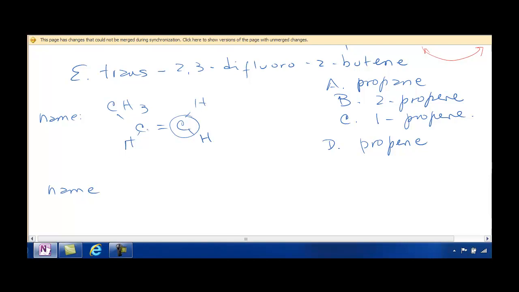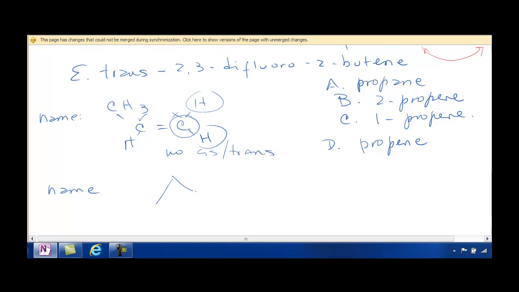I said that in order for us to have cis trans isomers, you first have to have a double bond, and every carbon in the double bond has to have different, non-identical groups. An H is identical to another H, so that is not going to give me cis trans. This guy makes the cut, but this guy doesn't make the cut. So there's no cis trans.